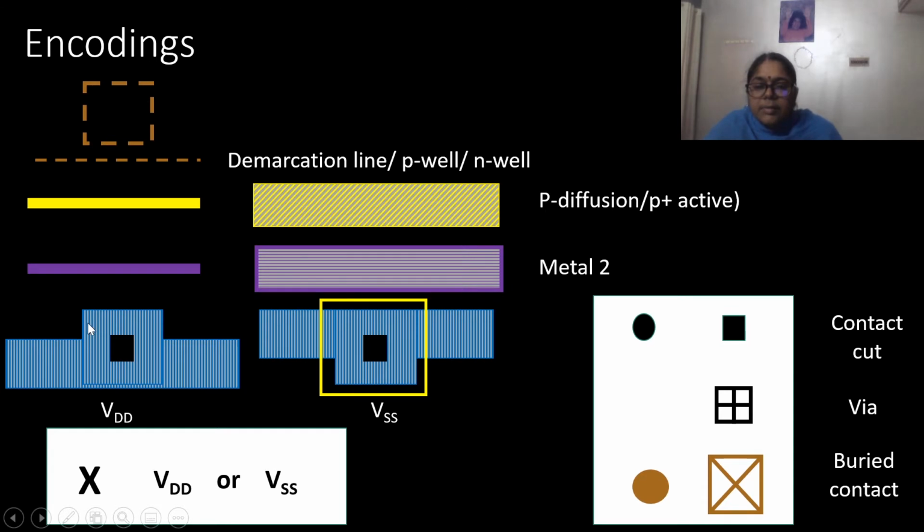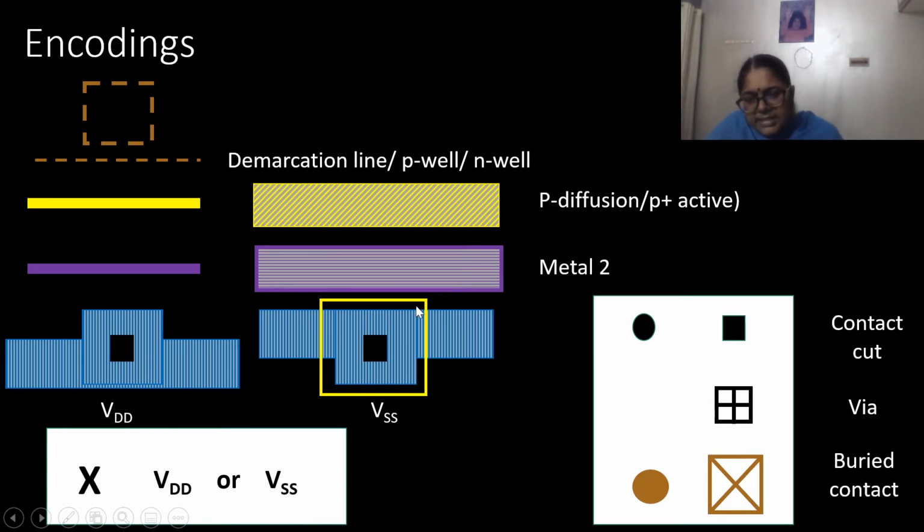The VDD and VSS contacts are shown in this particular manner. VDD and VSS make use of metal, and we make use of a square box containing the metal with a contact cut in the case of VDD and VSS.